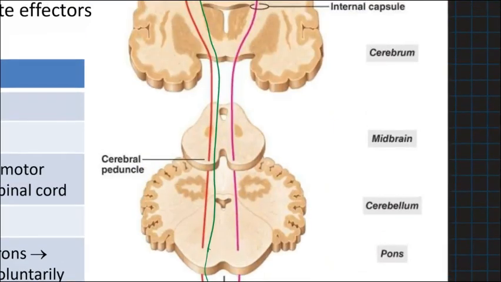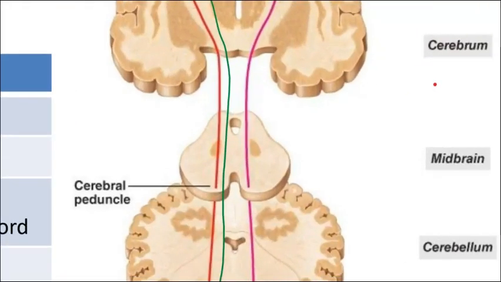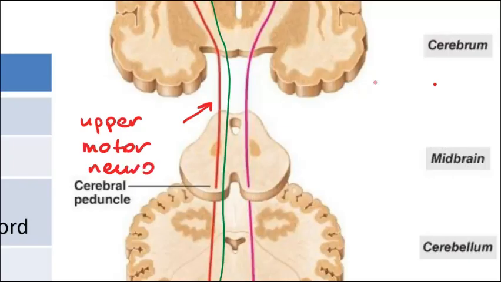So now this neuron that's on top is called upper motor neuron. Does that make sense?